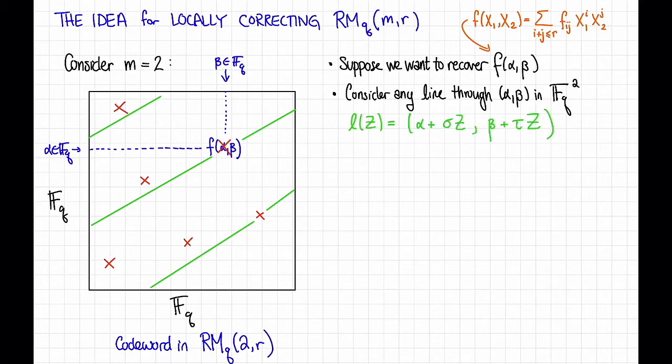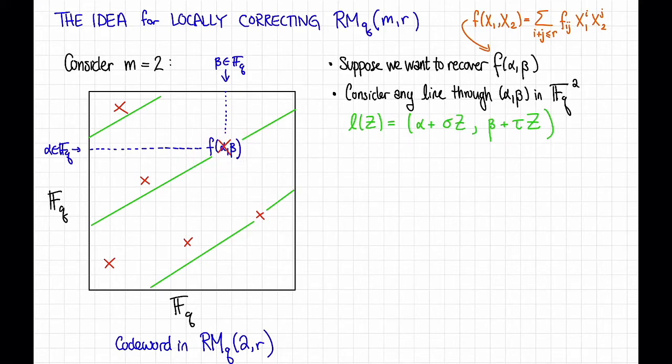That is, we can parameterize it as L of z, which is equal to alpha plus sigma times z for some sigma in Fq, comma beta plus tau times z for some other tau in Fq. Then if we go in and plug in all of the possible z's, we will get all of the possible points on some line. Here, sigma and tau are giving us the slope of the line. And we can observe that if we plug in z equals 0, we're just going to get alpha beta. So indeed, this line does go through alpha beta.